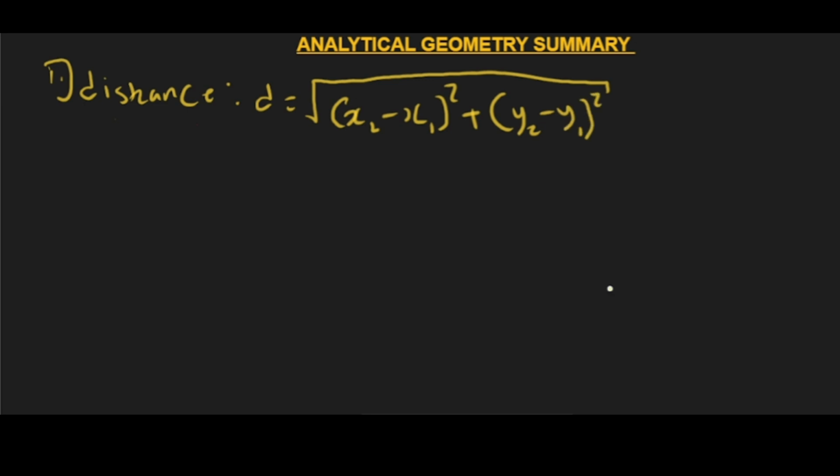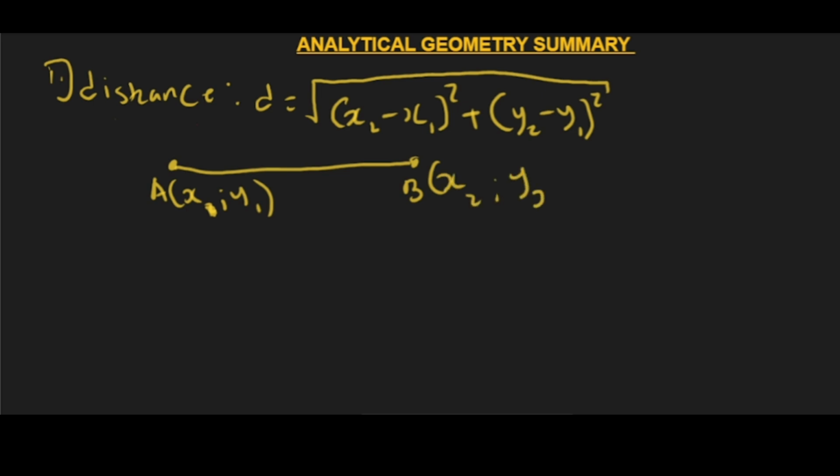Just to explain a bit here, you're going to be given 2 points. You need to find the distance or the length between these 2 points. Let's say you are given point A, which is x1 and y1, and point B, which is x2 and y2.